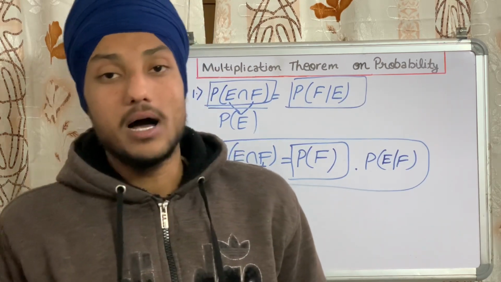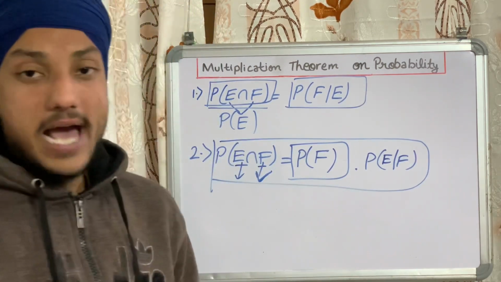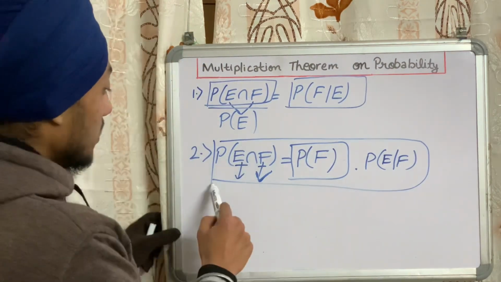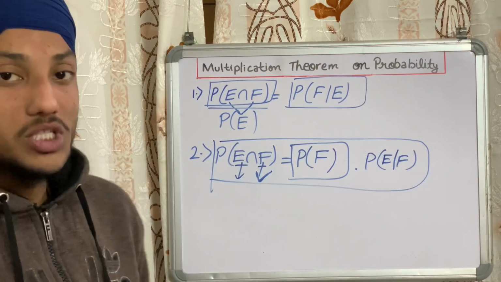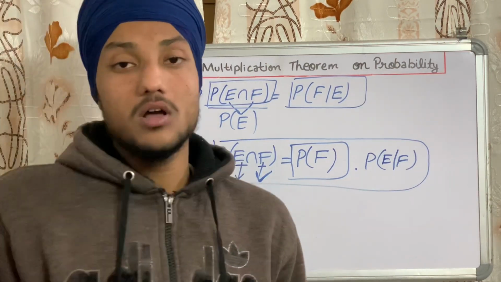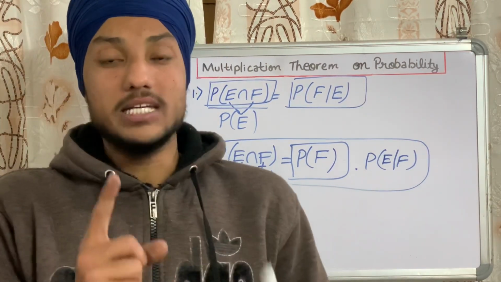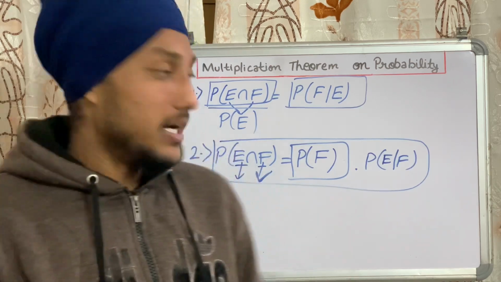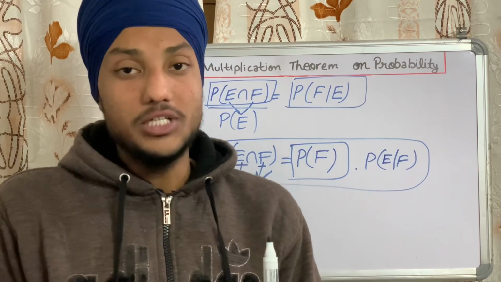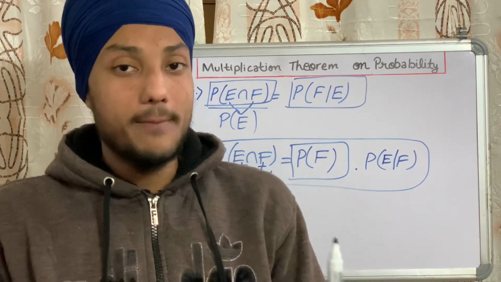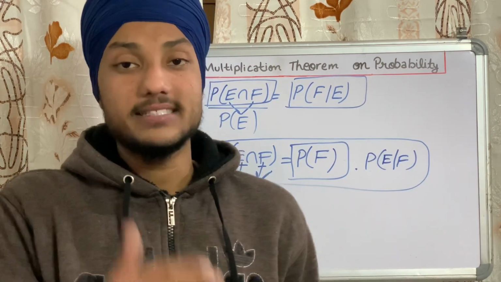Are both formulas correct? As both formulas are derived from one another, the multiplication theorem indicates that if both events should occur, first of all we have to find our E event. Then we put a condition that E should happen, and we have to find the other one, that is F.